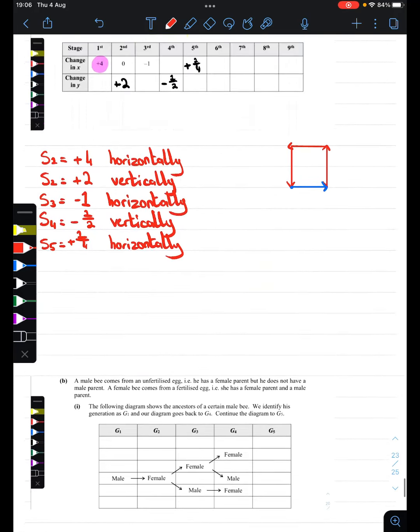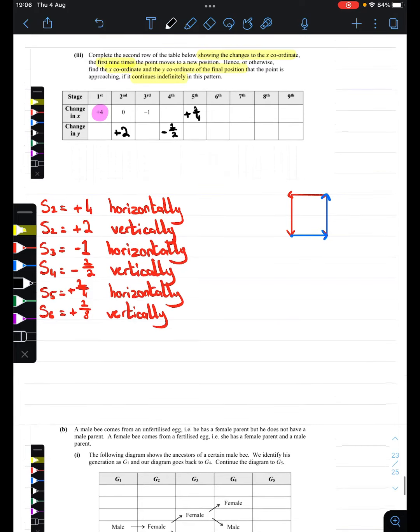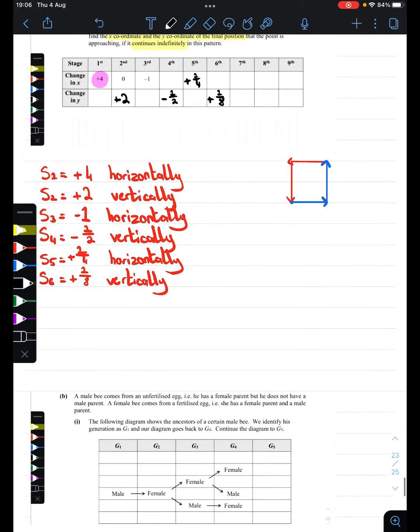Okay, and now he turns left and travels up half of a quarter. So S6 equals plus 1/8 vertically. Plus 1/8 in the tables.